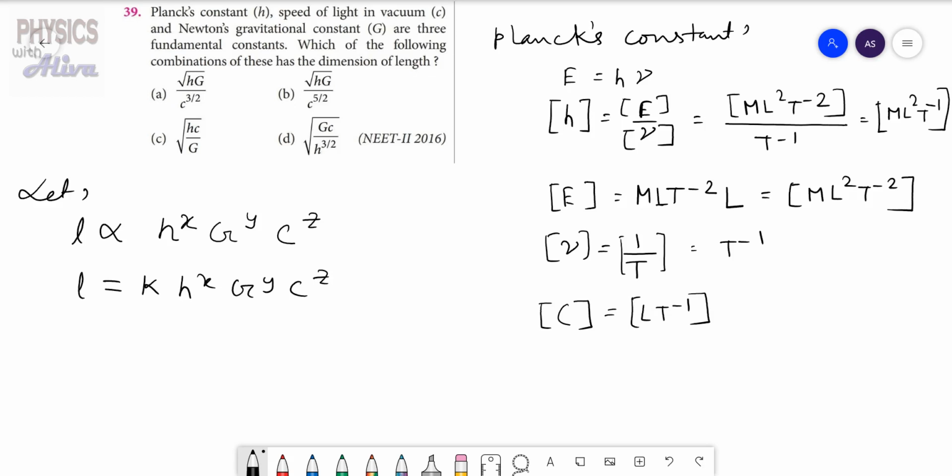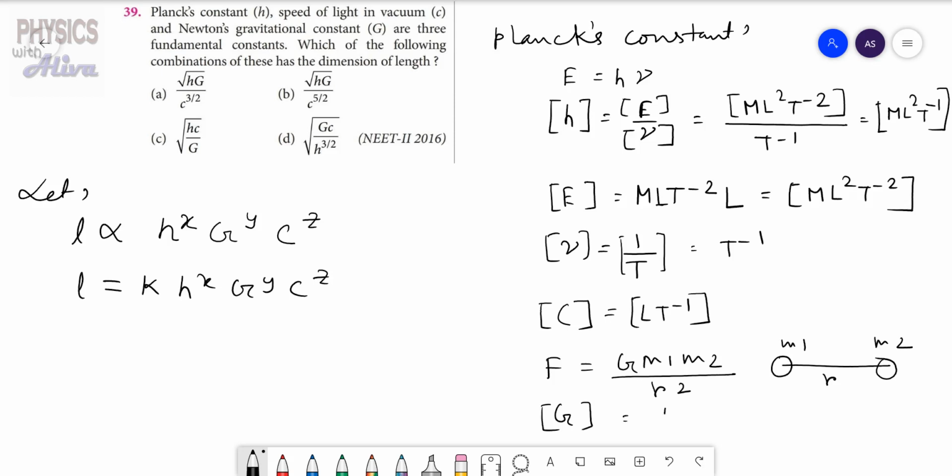And now what is the dimension of G? We know that gravitational force is equal to G, mass of the first body, mass of the second body, divided by distance between two masses squared. This is the first body m1, this is the second body m2, and the distance between them is r. So the dimension of G is equal to F r squared divided by m1 m2.